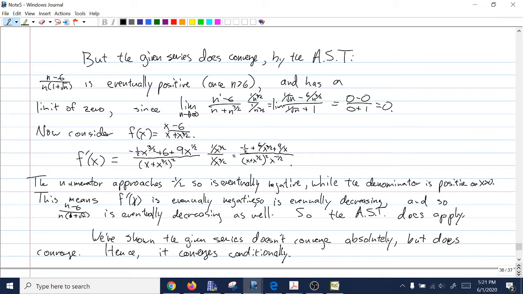We've shown the given series doesn't converge absolutely, but does converge, hence it converges conditionally. Boy, this is gross. We've done one of each. I owe you guys a lot more examples of everything.